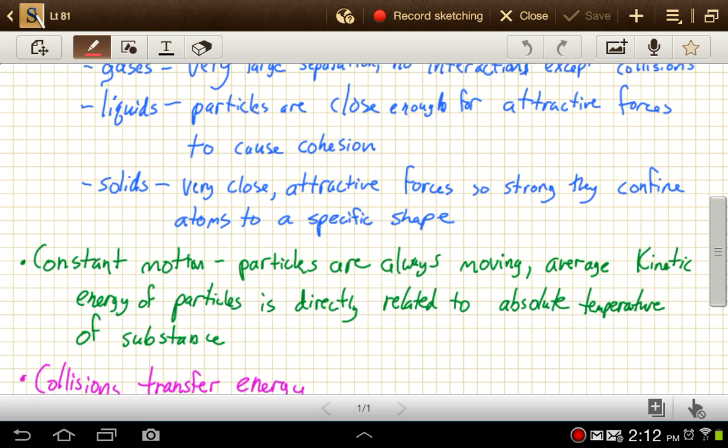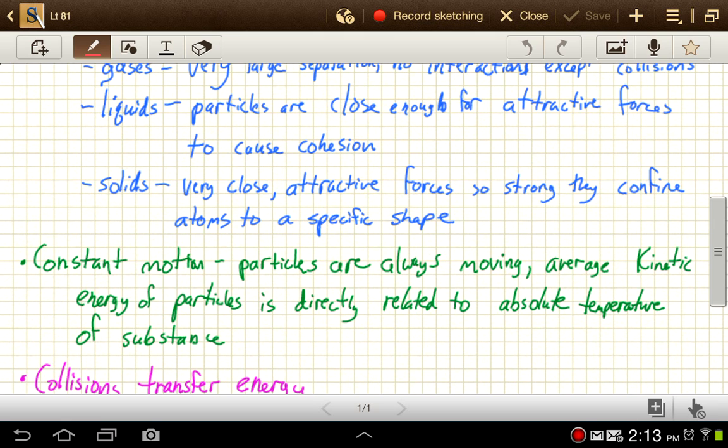We also need to understand that these things are constantly moving, always moving, never stopping. So we think of something like a tennis ball, and we can throw a tennis ball, or a racquetball, and watch it bounce around inside the court, off all the walls and the corners, and it moves for quite a while, but eventually it comes to a stop. Well, that doesn't happen with the small particles we're talking about here.